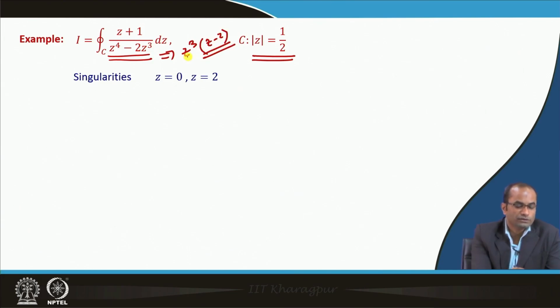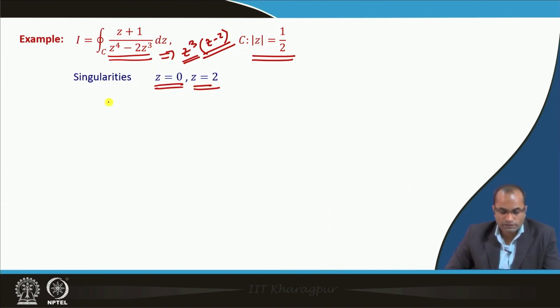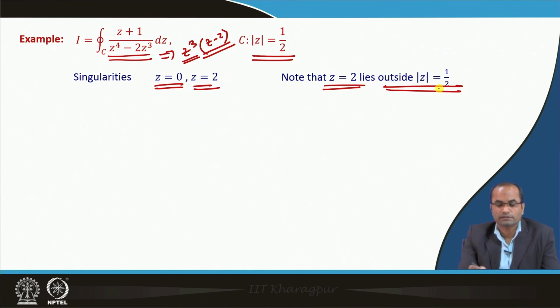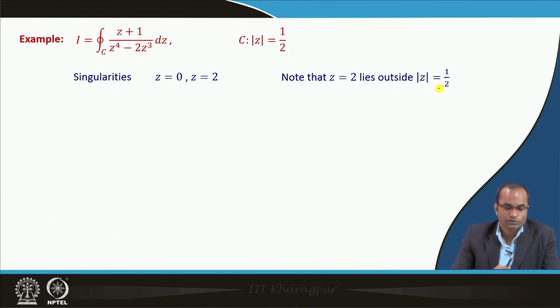So, z equal to 2 is a singularity and z equal to 0 is also a singularity. These are the two singularities, and we should note that this z equal to 2 is outside the circle mod z equal to half. So, one of them is outside the circle, and this is of no concern to us in the residue theorem.